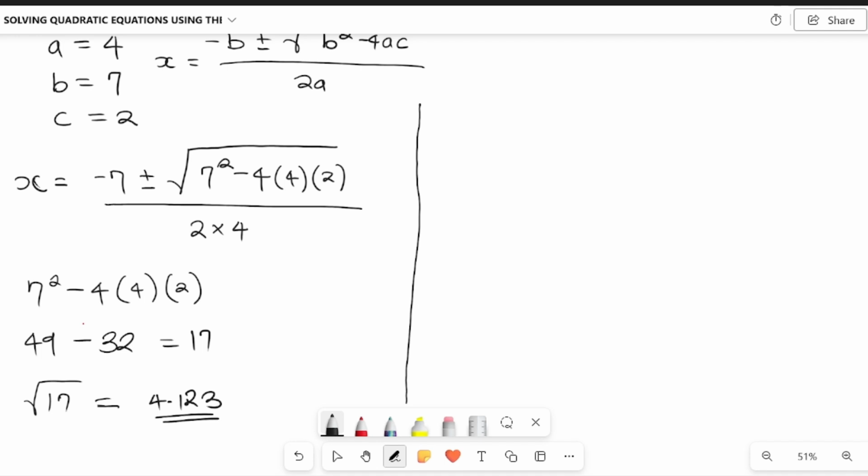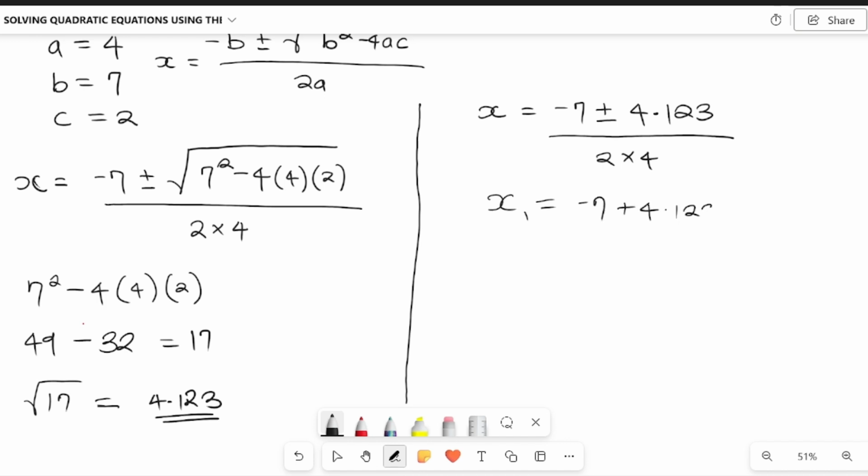Now we can write these values back into our formula. We'll have x equals negative 7 plus or minus 4.123 all over 2 times 4. Now that will give us the first value of x being negative 7 plus 4.123 all over 2 times 4, which is equal to 8.